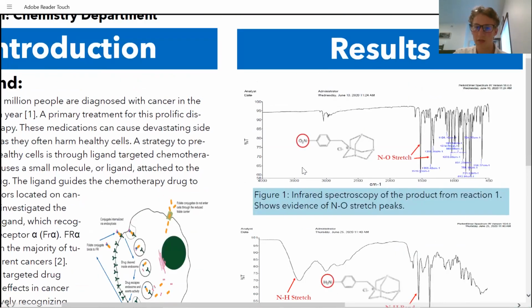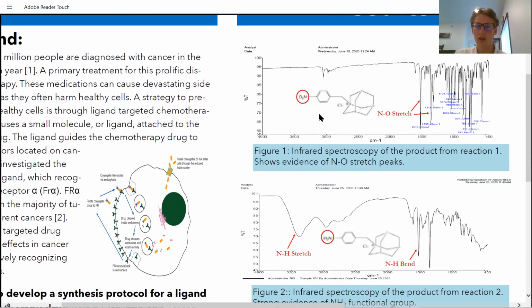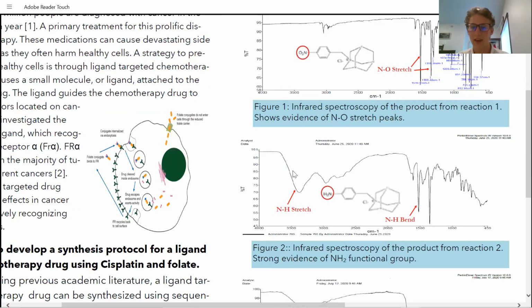The second reaction was using the product of the first reaction and trying to convert that NO2 into NH2, as you can see in these red circles. This was conducted using HSiCl3, which sounds complex. The reason we had to use this is, although this may seem like a simple reduction, changing NO2 into NH2, it's actually much more complicated. To create that, you often use azide, which is 3 nitrogens linked together, and it's a very powerful reducing agent that could cause changes to our molecule in places we didn't want.